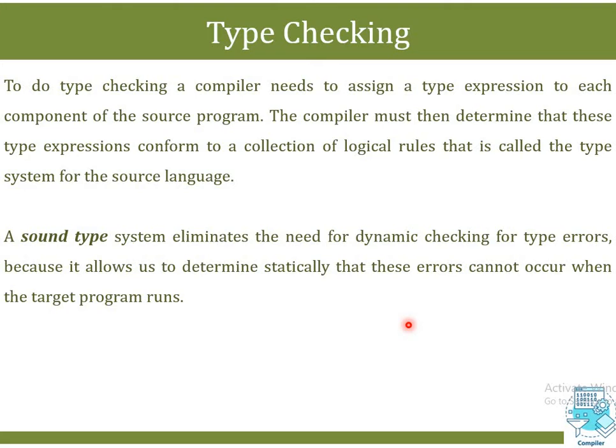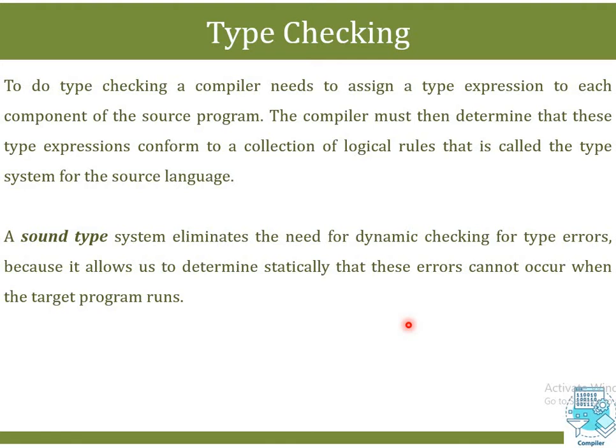With a sound type system, the need for dynamic checking of type errors is eliminated. We need to check only during compile time, and during runtime we need not check because there is no possibility of getting any type errors.